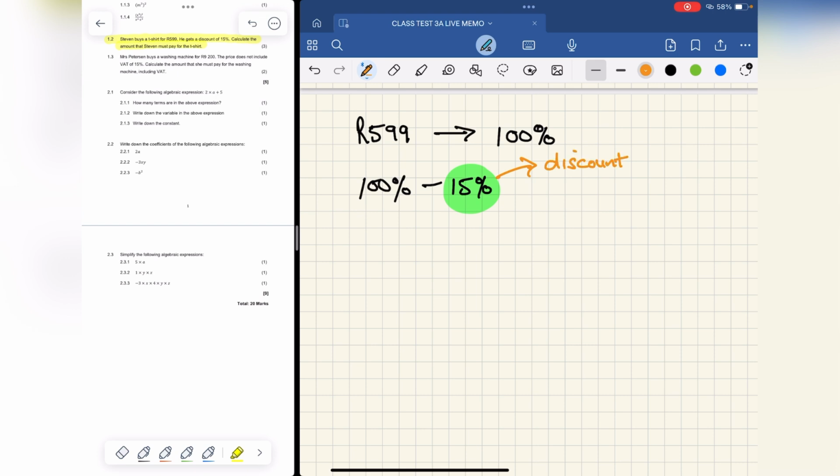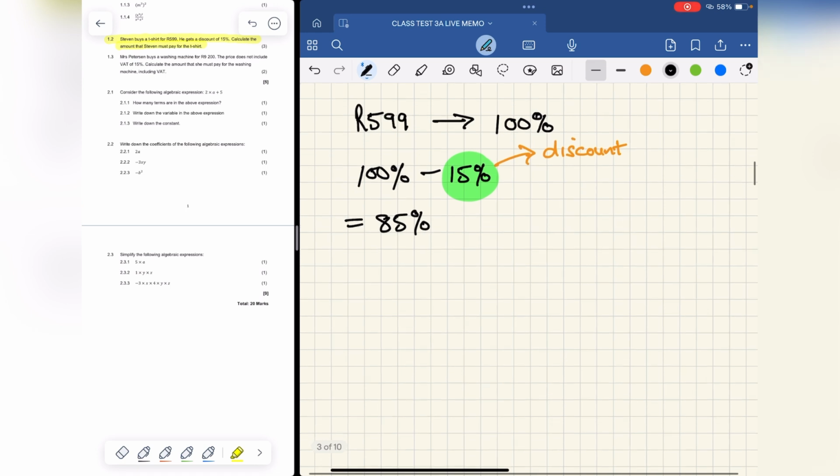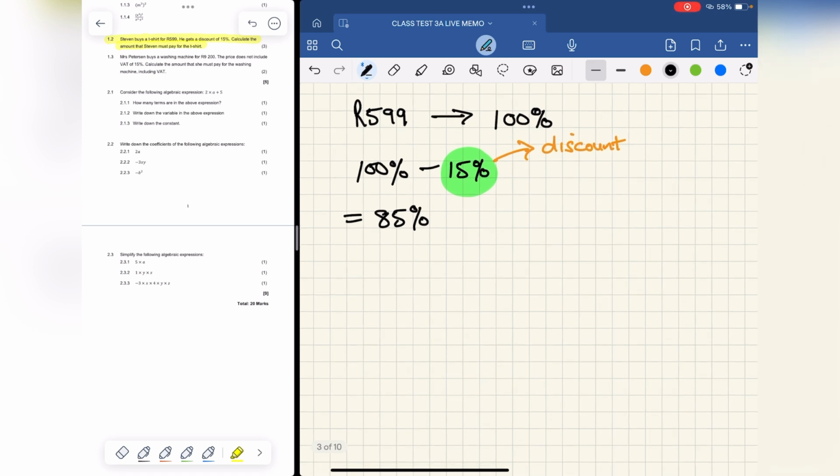So I can say, well, that means I have 85% left, which I'm going to pay for. I'm not paying for the 15%, so I'm only paying 85%. So in other words, I'm not paying 599 Rand anymore. I'm paying 85% of 599 Rand. So I can simply say, well, my cost of the shirt will then be 599 Rand times 85%, which is 85 over 100.